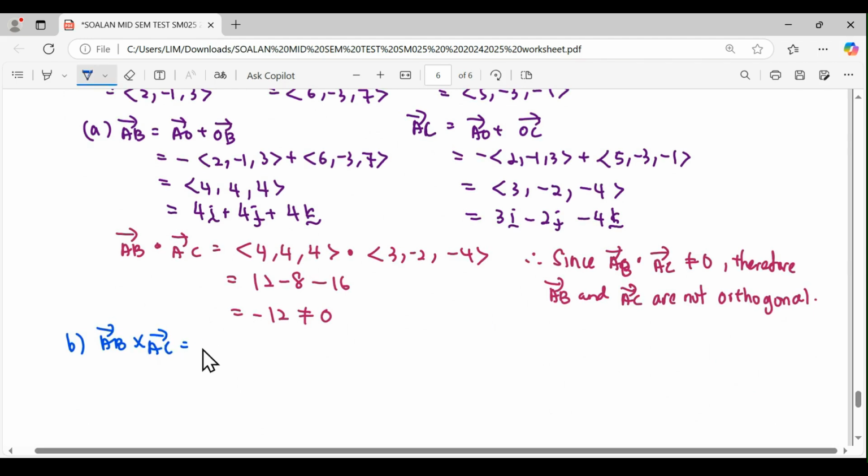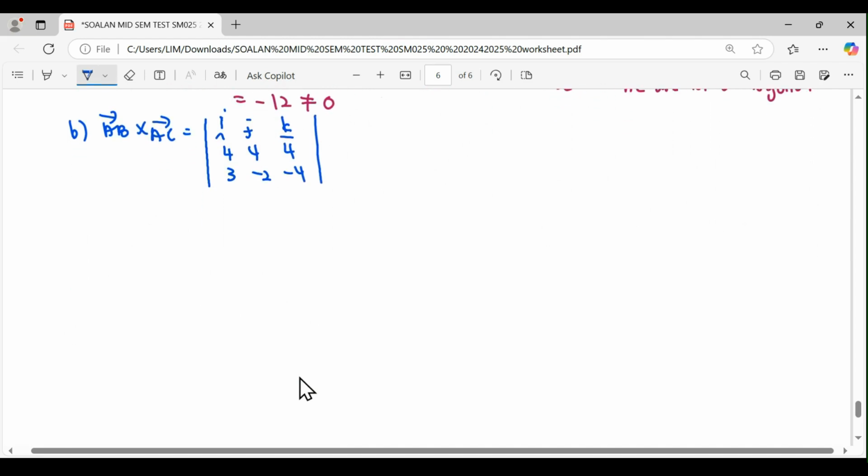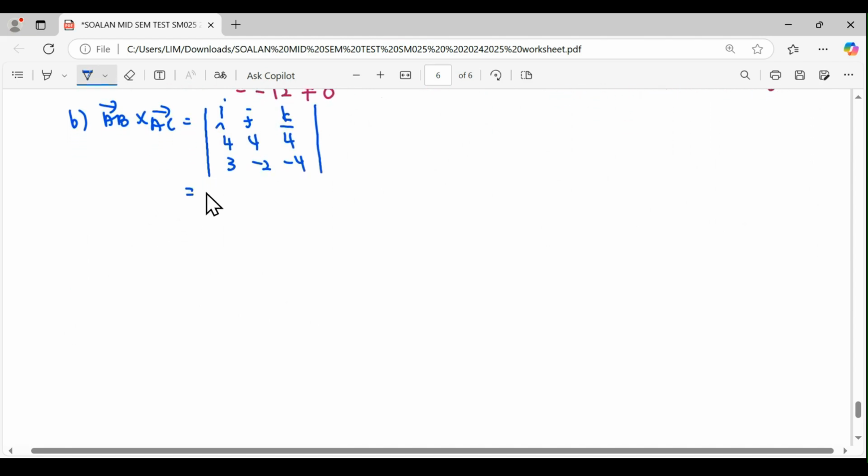Cross product, we will form out your normal. So I, J, K. 4, 4, 4 with 3, -2, -4. So how many I minus how many J plus how many K's here?